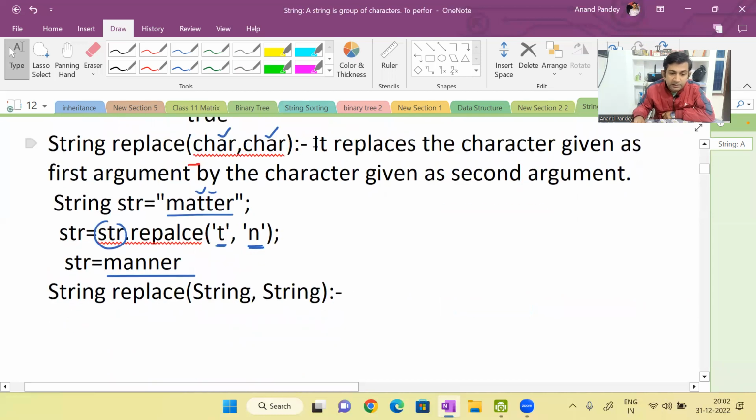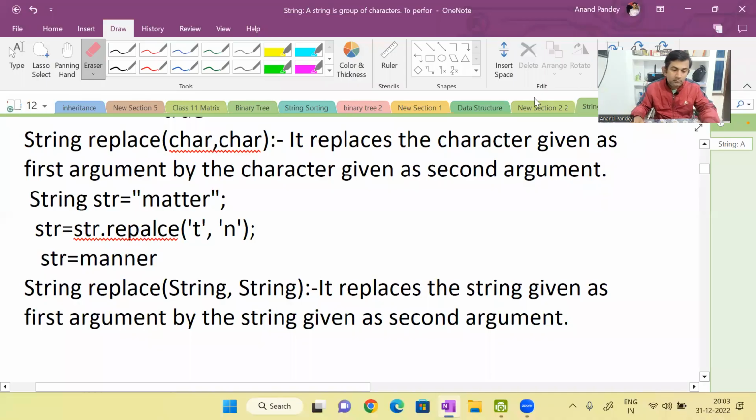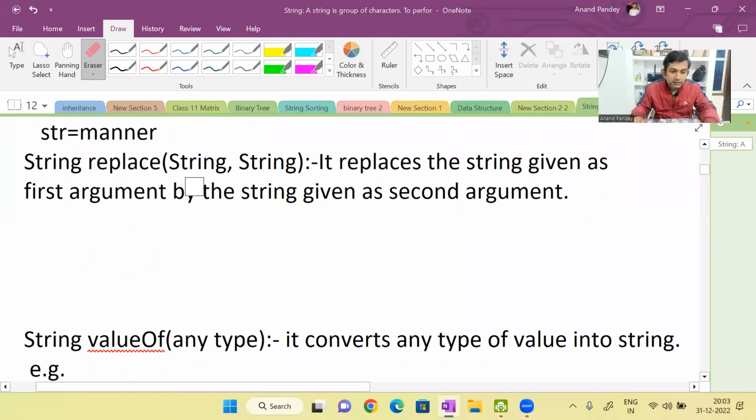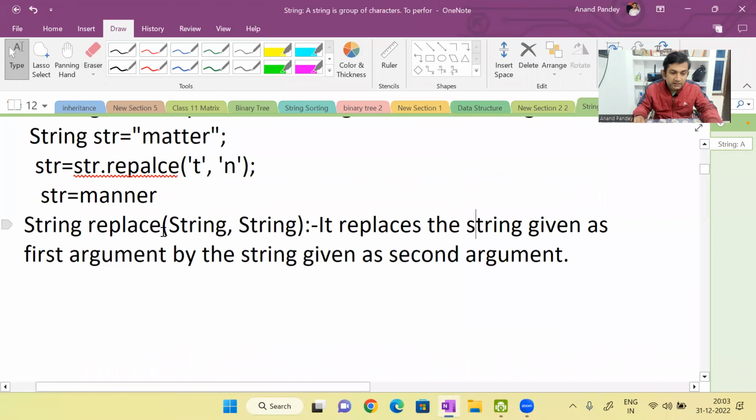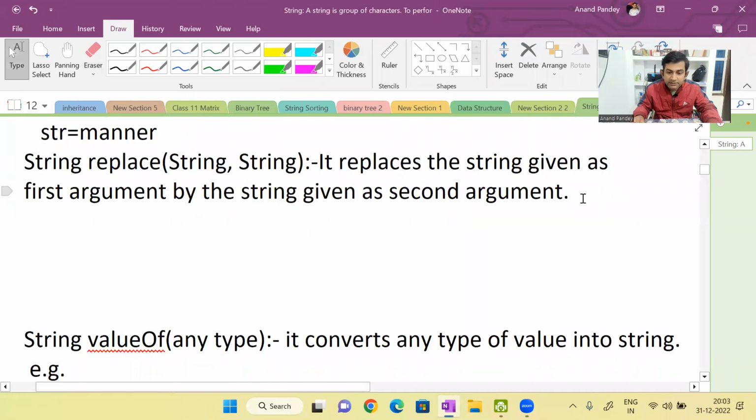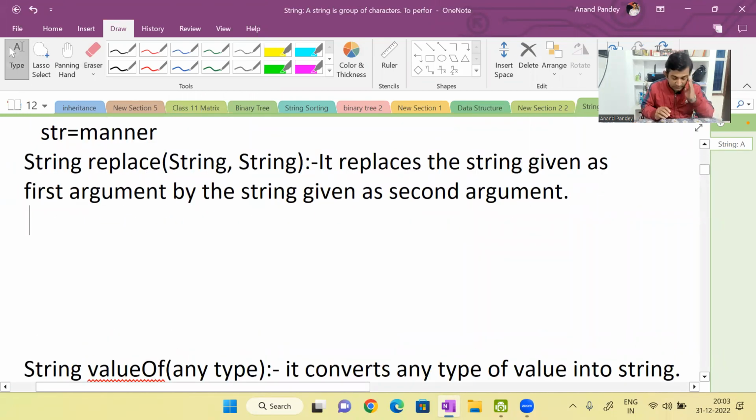Same definition. Instead of replacing characters, this function will replace strings, one string by another string. I'm going to explain with an example. See, the previous replace function was replacing character by character. This function will replace string by string.